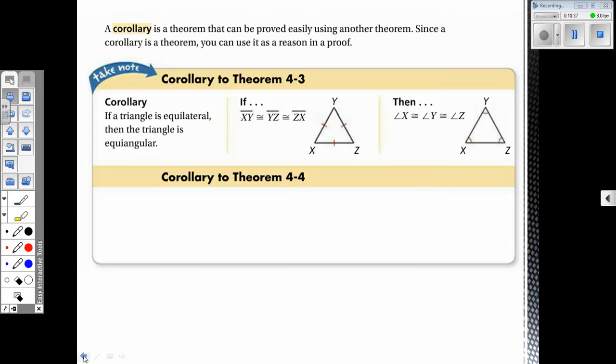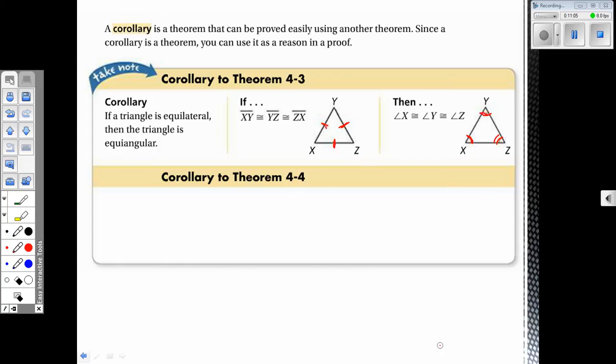The first one says if it's equilateral, it's equiangular. If all the sides are the same, then all the angles are the same. Now let's think about this. The isosceles triangle theorem says if this and this are equal, then this and this are equal, right? And if this and this are equal, then this one and this one are equal.